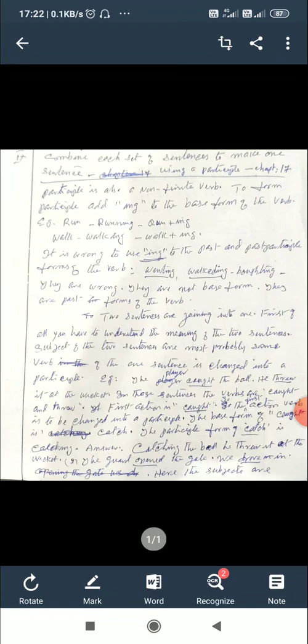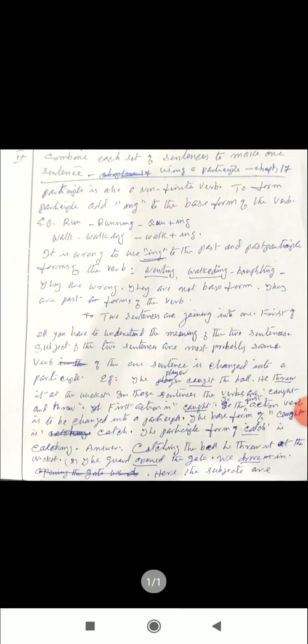So when there are two subjects, you have to put the subject first, then the participle. Here two actions are taking place. The first action verb is changed into a perfect participle, that is having plus past participle.